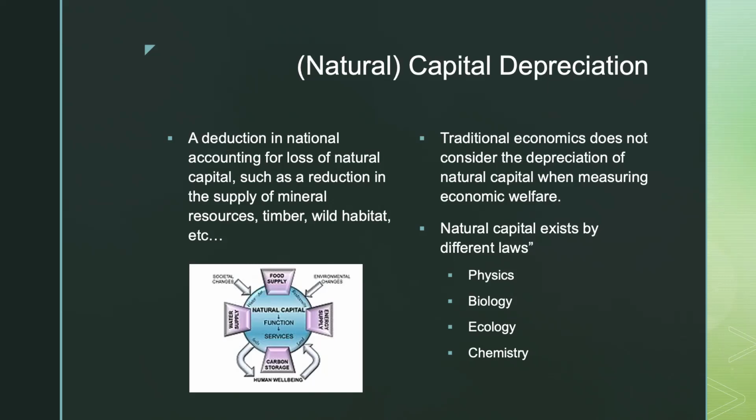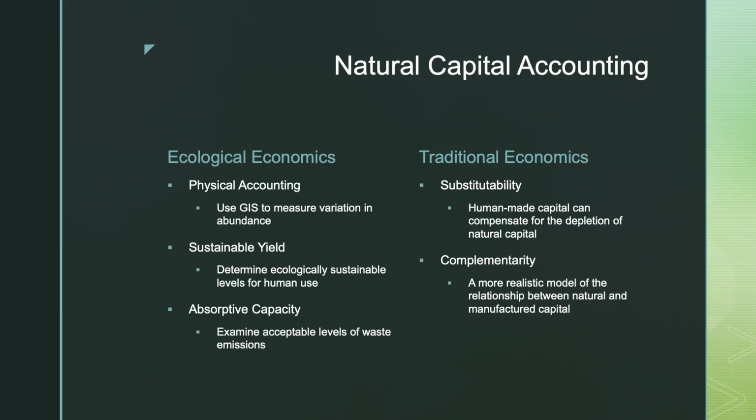So if we are to take natural capital into our national accounting, we have to acknowledge that natural capital exists by different laws, like I said before, that are largely driven by the scientific realm: physics, biology, ecology, and chemistry. In terms of natural capital accounting, ecological economists have come up with several variations of this, different approaches to valuing natural capital.